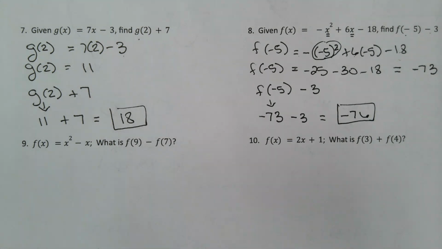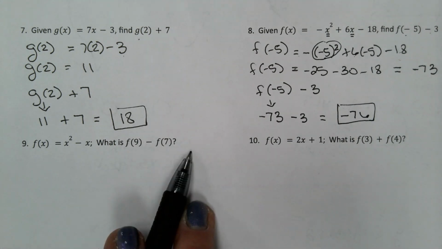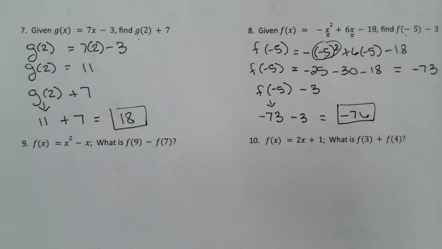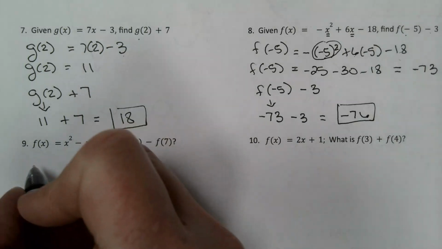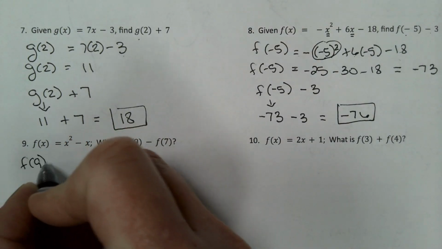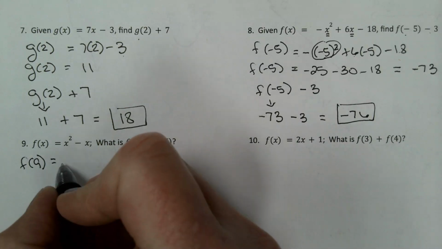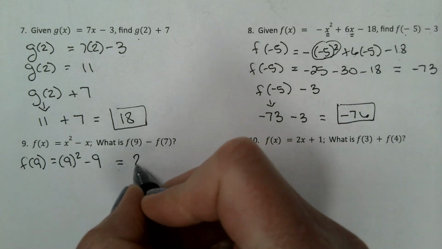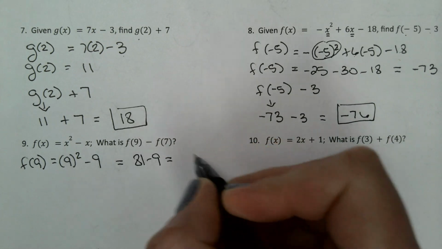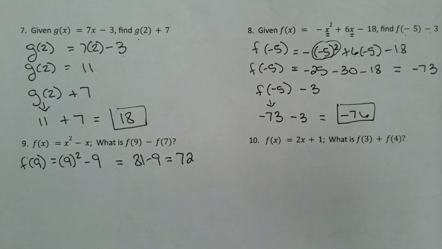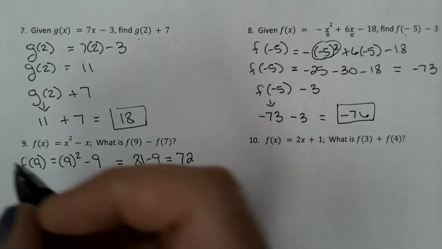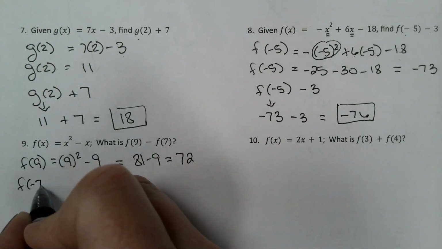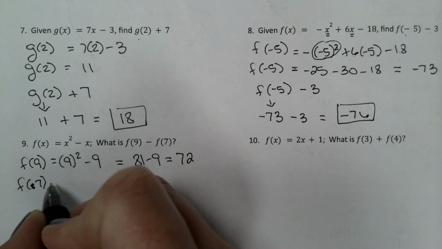9 and 10, you are just doing this twice, and then you're subtracting the answers from each other. So first I'm going to find f of 9. So I have 9 squared minus 9. That's 81 minus 9 equals 72. And then I need to find f of 7, my bad.